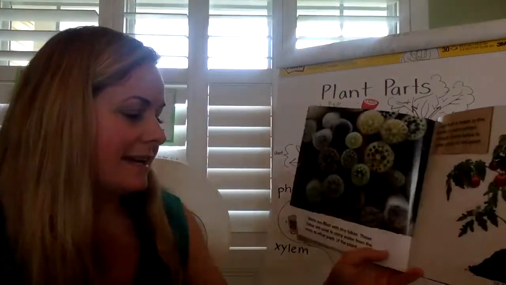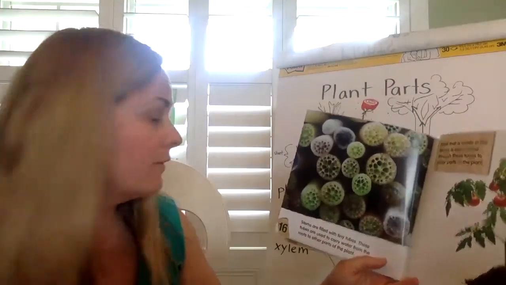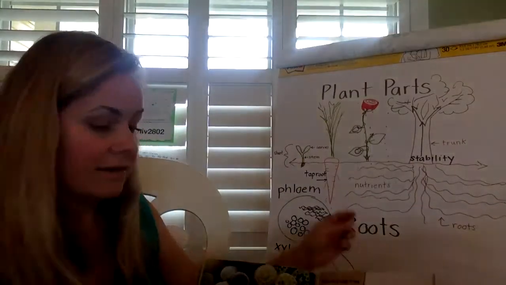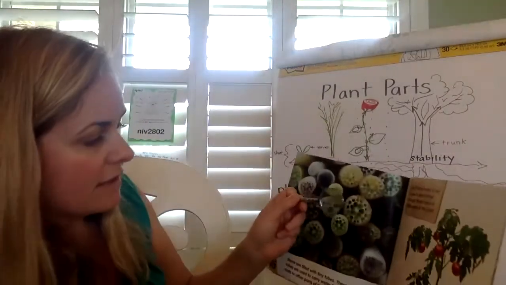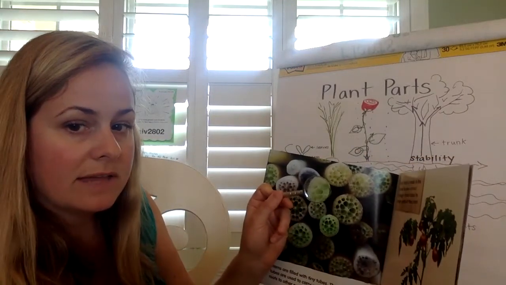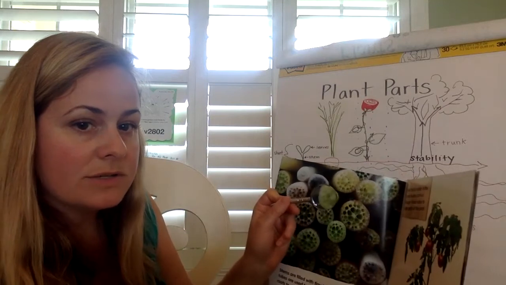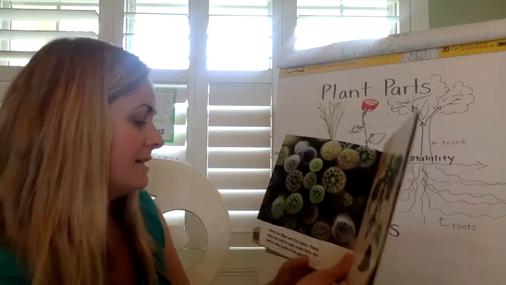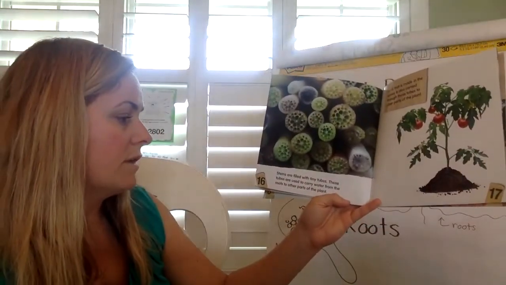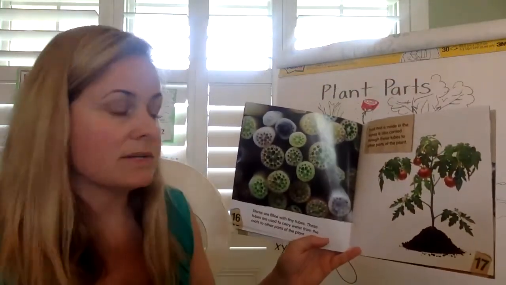Stems are filled with tiny tubes. That's the phloem tubes we talked about and the xylem tubes that we magnified here under the magnifying glass. If you were to hold up the magnifying glass and look really carefully here, you can see the tubes in the stems here. It says that the tubes are used to carry water from the roots to other parts of the plant, just like we talked about.